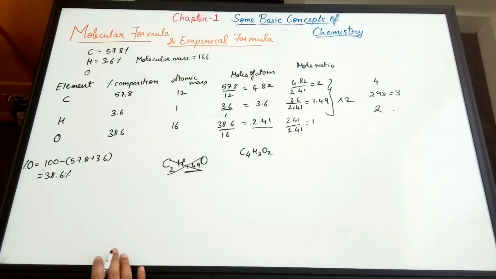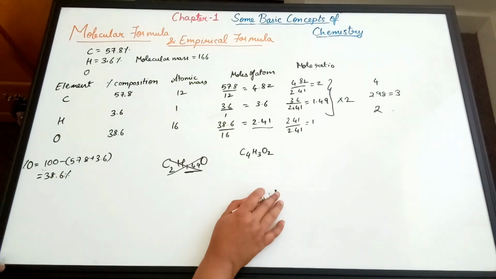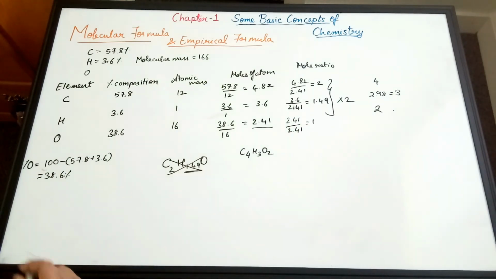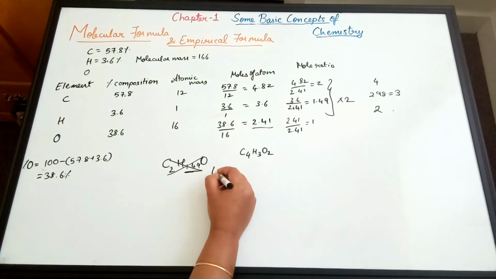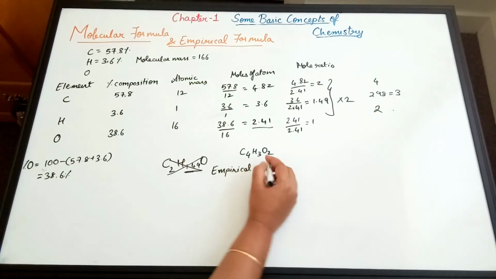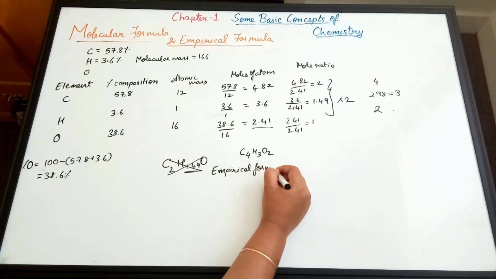Here we did the same thing as the previous problem, but the only difference is that we have taken the mole ratio and converted it into the simplest whole number ratio, because 1.49 just cannot be there in the empirical formula. So this is the empirical formula. Next we need to calculate the empirical formula mass.